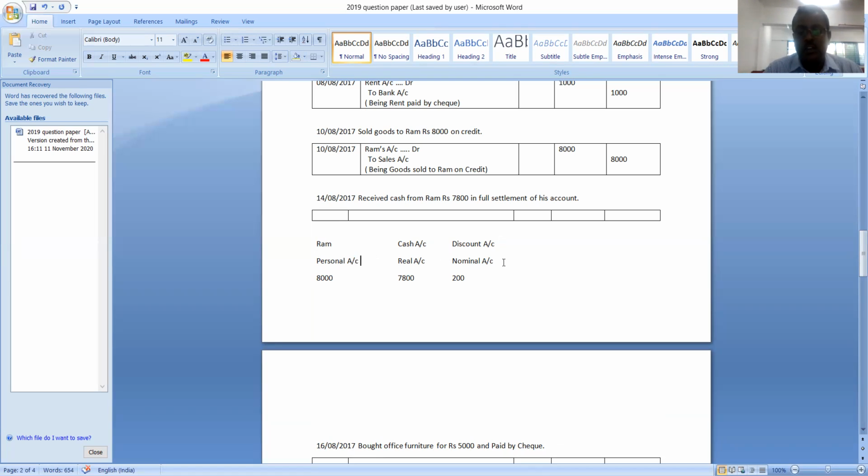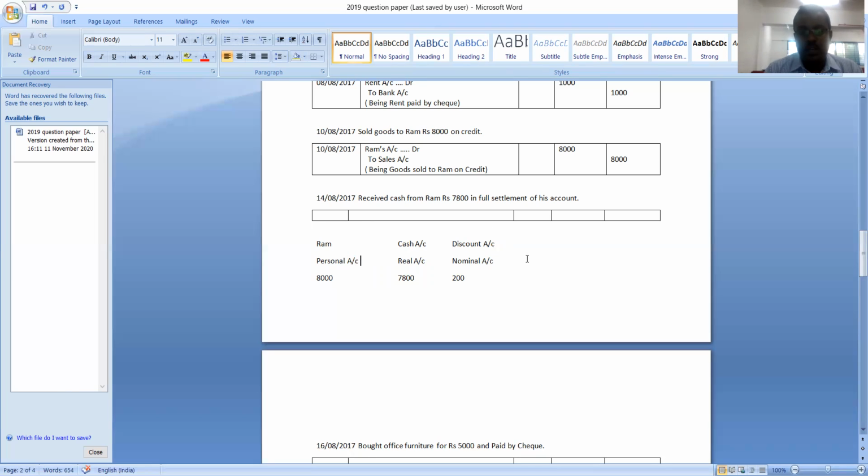Now you should decide which two accounts should be debited and which account should be credited, or which two accounts should be credited and which one account should be debited. It is not at all difficult. Usually the cash account and discount account appear together. Either both should be debited or both should be credited, and we should give opposite treatment to the other account.